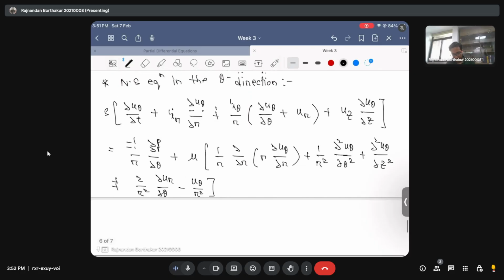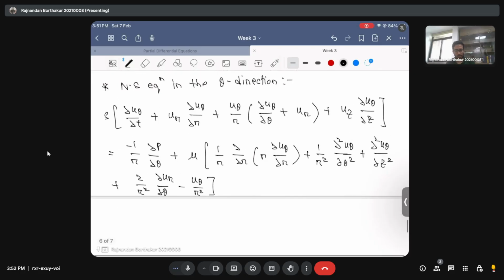That's the full Navier-Stokes equation written in the theta direction in cylindrical coordinate space.